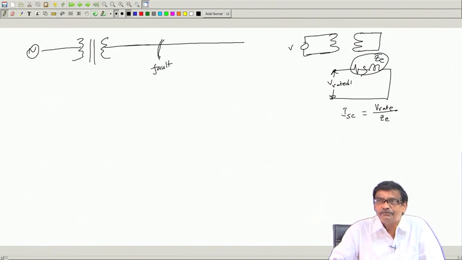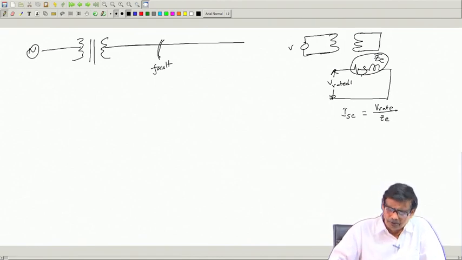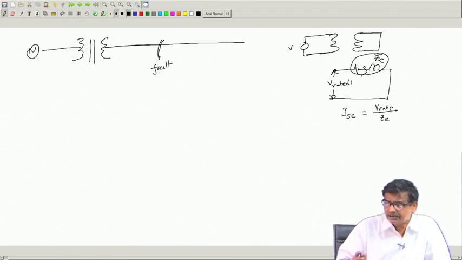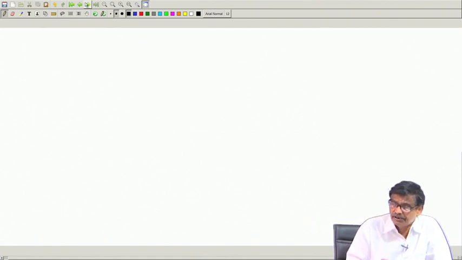Instead of 0, have some finite small value, small though it is, it will try to limit the current. So, these are some of the points I wanted to tell you about the regulation of a transformer.